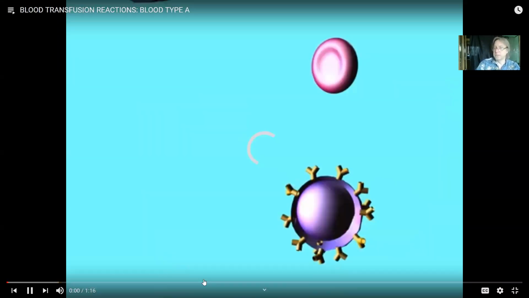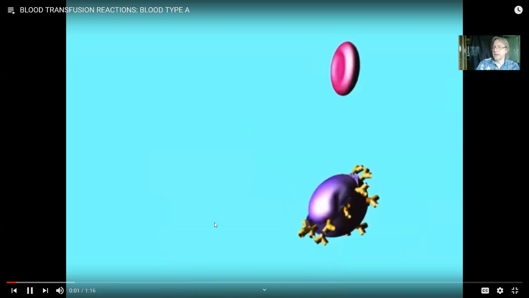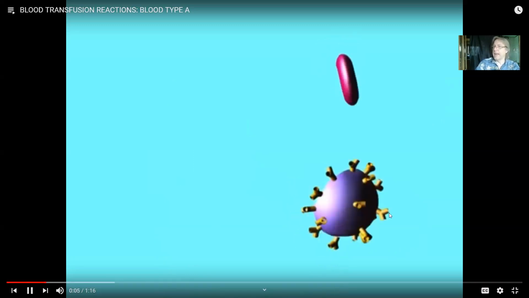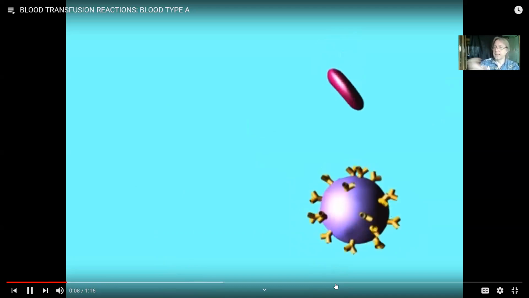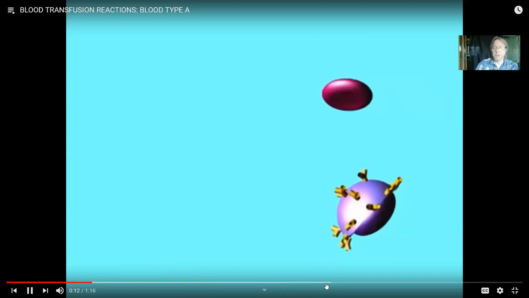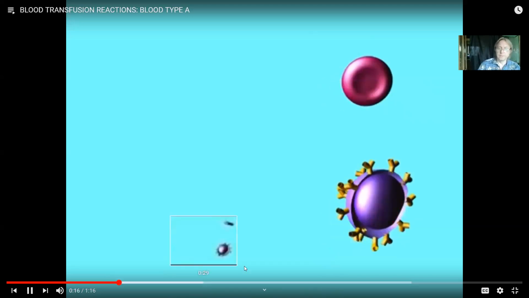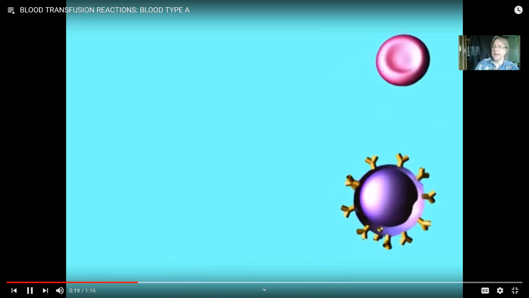In the same way, if someone who's blood type O is making anti-A antibodies, this anti-A antibody making lymphocyte can make that IgM. Once again, it has 5 stuck together. And as a result, it can clump antigens together.